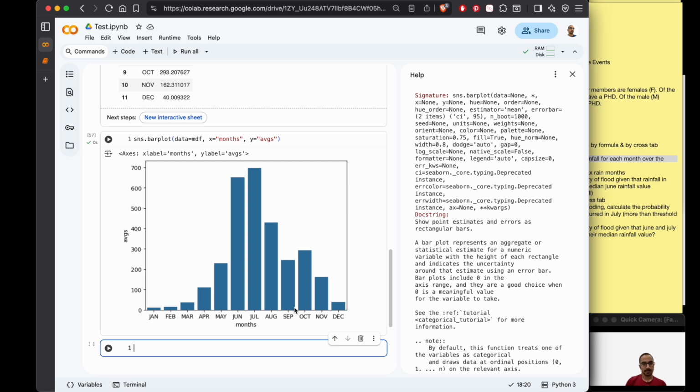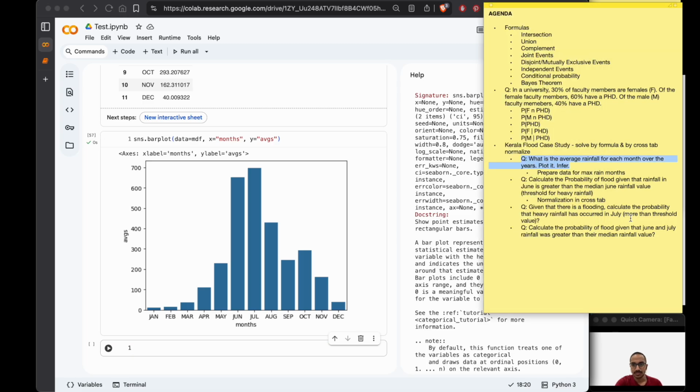So clearly these are the monsoon seasons, monsoon months. These are the rainy months. So now what we will do is we'll slightly prepare this data in a way that we can answer the next question.